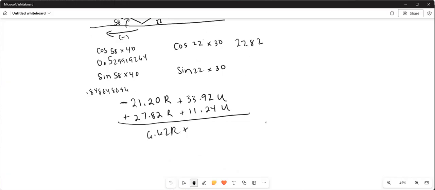Okay, 6.62 R and 45.16. Okay. This is also what's in the answer key.